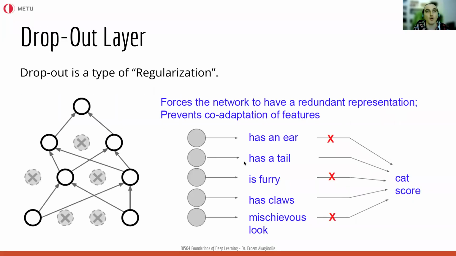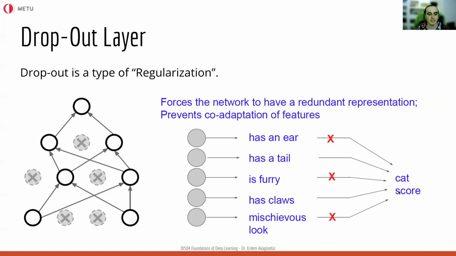So it is to overcome this overfitting problem, overfitting to many features. When you do this, even if some of them are dropped, the cat score will properly be constructed by your network. So it is like you're pushing your fully connected layers to decide with less information.